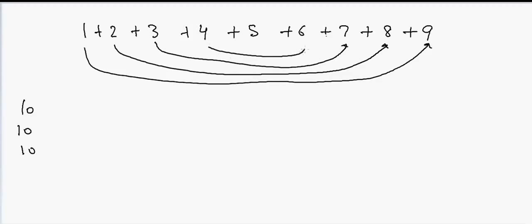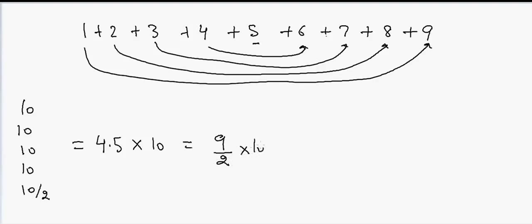Then we can add 4 and 6, so we get one more 10, and then we are left with a 5, which is half of a 10, so 10 divided by 2, you can say. So in total we have 4.5 into 10, so we have 4 tens and half of a 10. So again, that will be equal to 9 divided by 2 into 10.